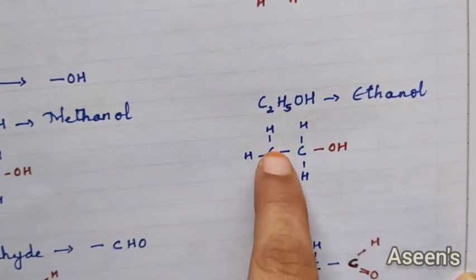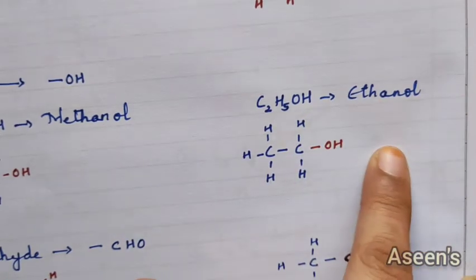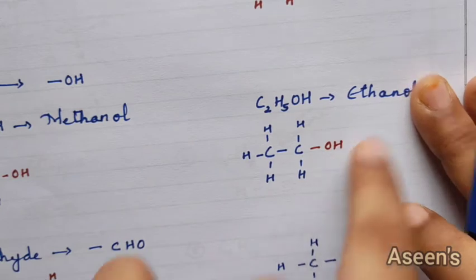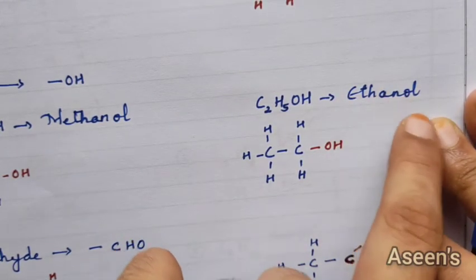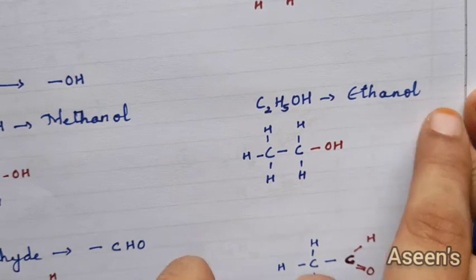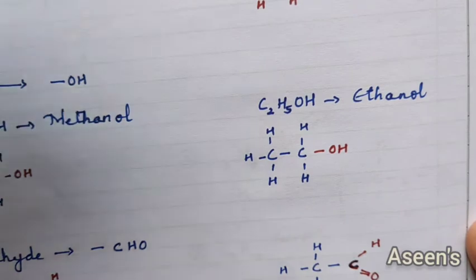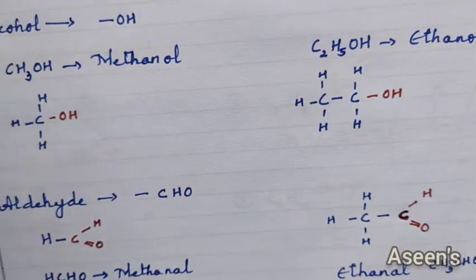Since we have 2 carbons and no double bonds, it's ethane. E is going to be omitted, and because of the presence of OH, we are going to put the suffix OL. So it's going to be ethanol. As usual, you're going to have propanol, butanol. You can try it while drawing the structural formula and all. You'll get a better idea of it.